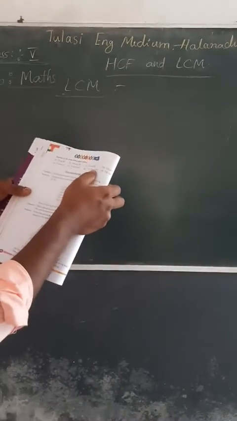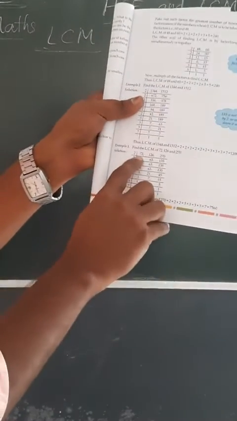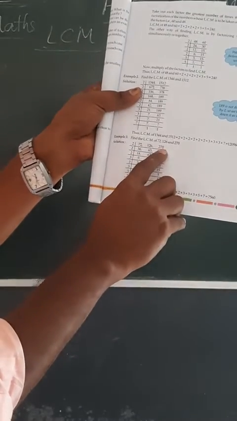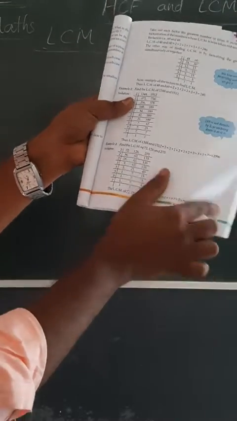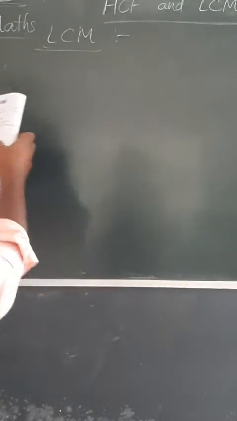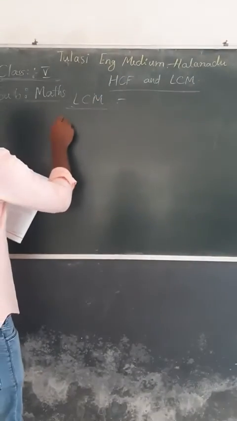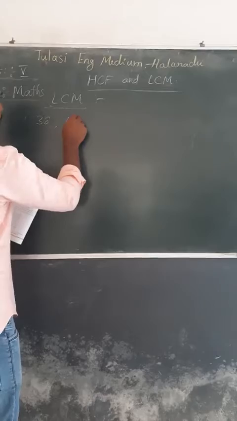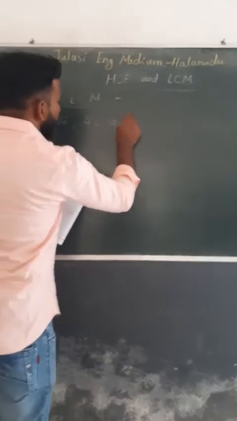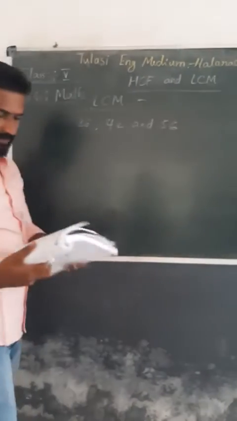Here there are 3 numbers. If there are 3 numbers, the same way you have to write. One from the exercise: 36, 42 and 56.